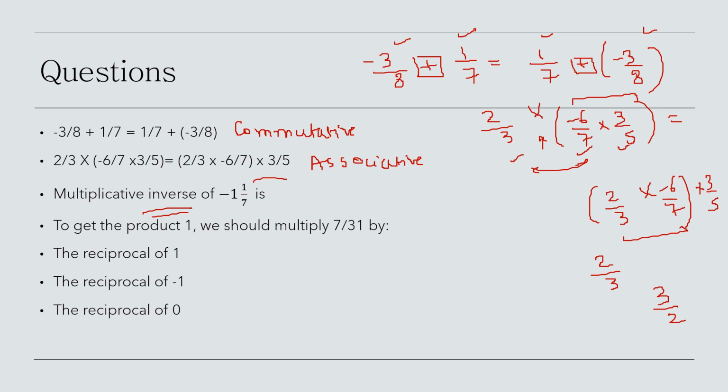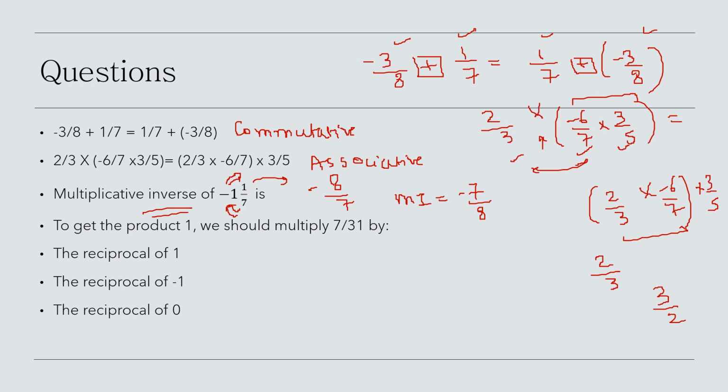Firstly solve this. What do you do to turn a mixed fraction into an improper one? 7 times 1 is 7. 7 plus 1, 8 by 7. Correct? You multiply these two and then add into the numerator. So 8 by 7 with the minus sign. Its multiplicative inverse will be the reciprocal with the minus sign.